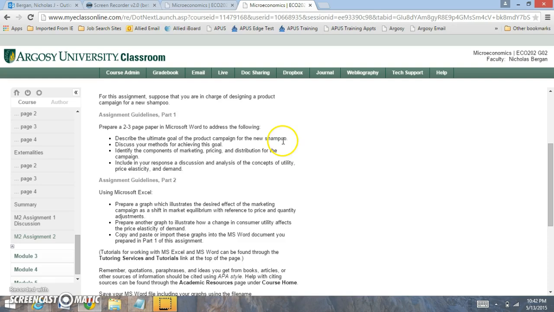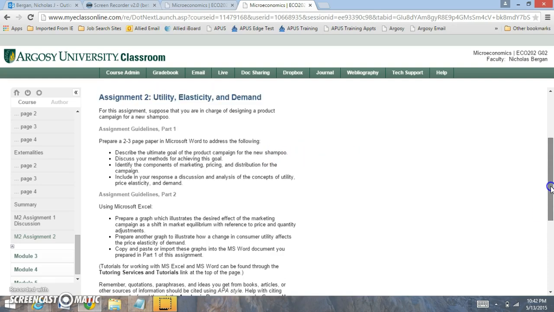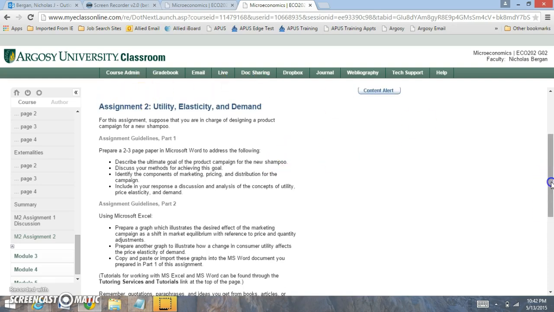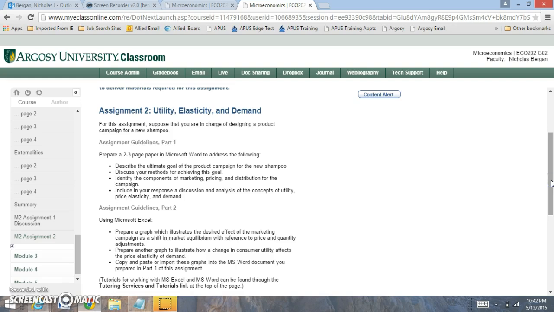First, describe the ultimate goal. Your ultimate goal for this assignment is that you're in charge of designing a product campaign for a new shampoo. What is your ultimate goal for this campaign? I recommend putting in subheadings as well, but APA formatting is required in your work.